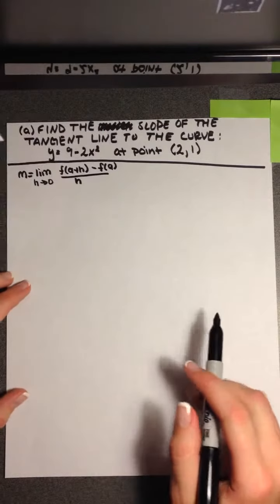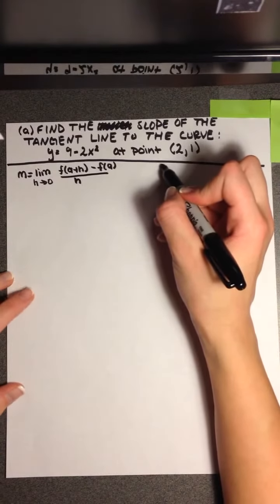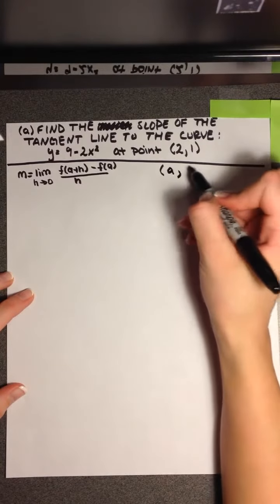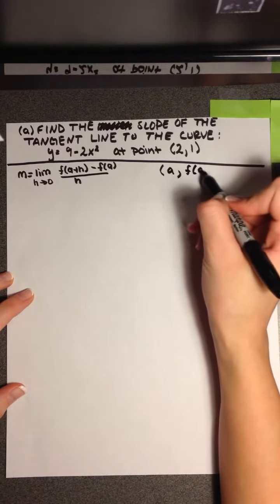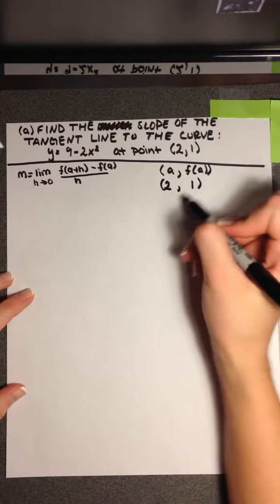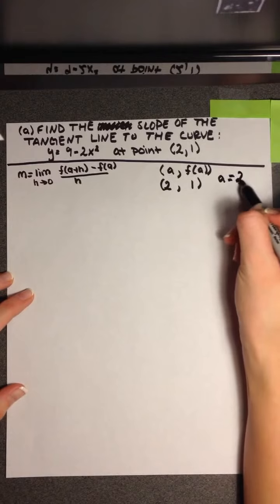Our a value is coming from our point, which would be a and f of a. So we have (2, 1), and our a value is going to equal 2.